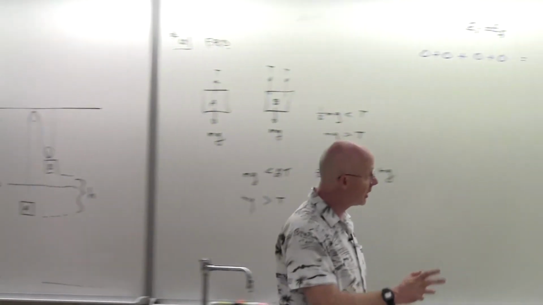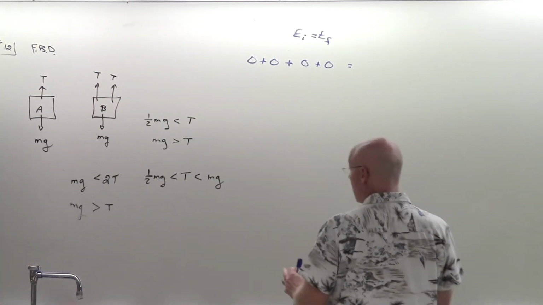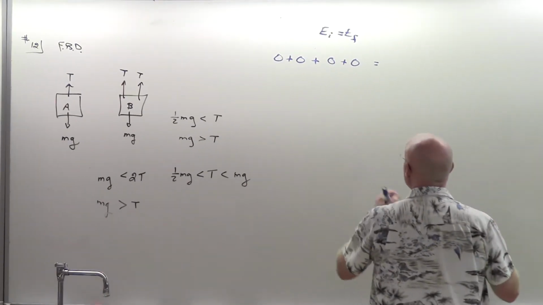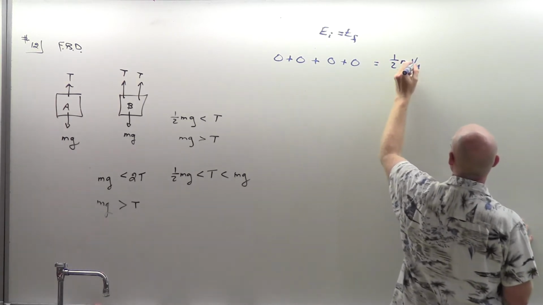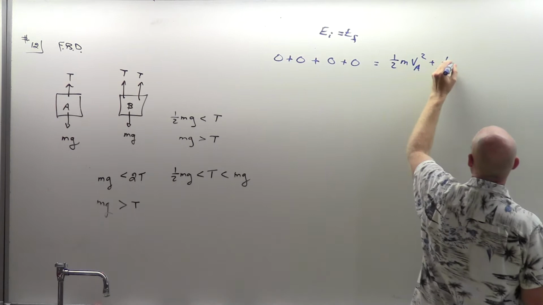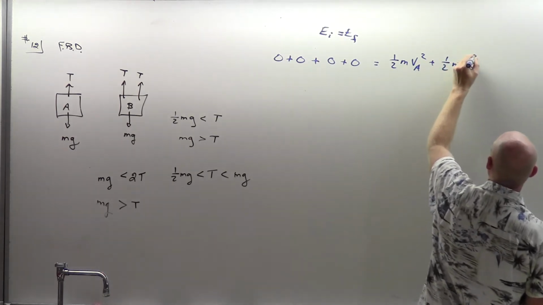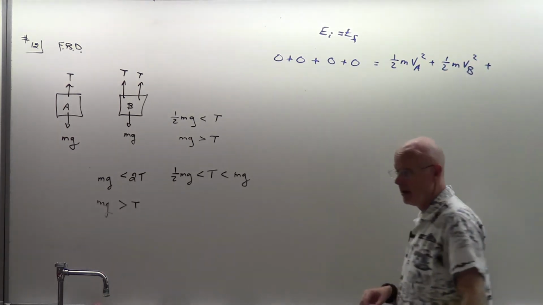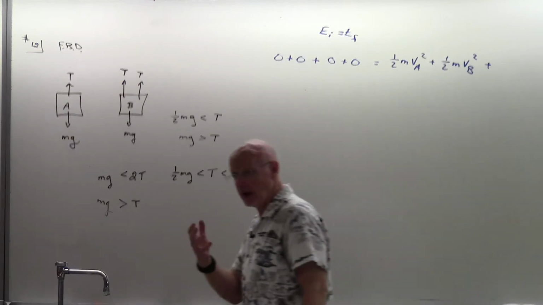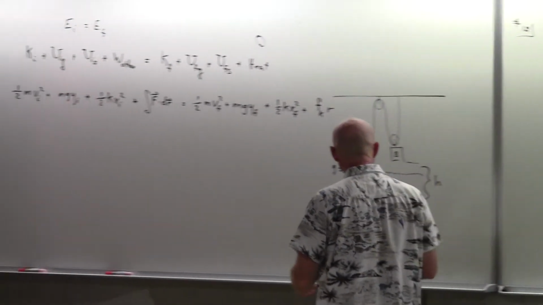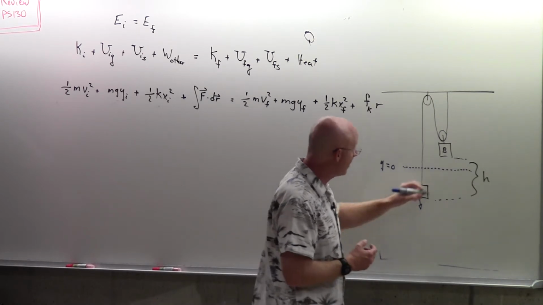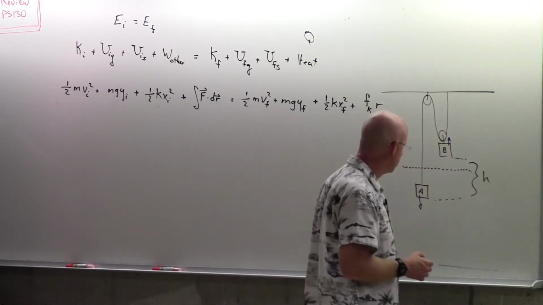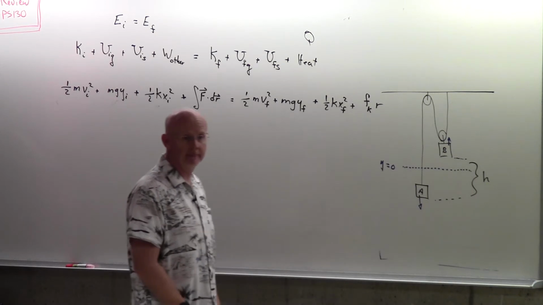All right. I shall continue here, because then the other side of the equation would be 1/2 m times the velocity of A squared and 1/2 m times the velocity of B squared. That would be the kinetic energies after they have moved, the A block going down and the B block going up.